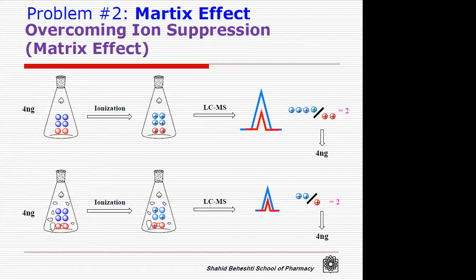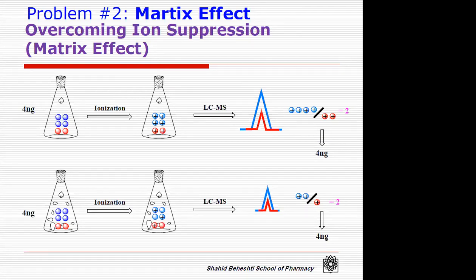Okay, here I have the same picture that I showed you as the ion suppression process that we had in the other slide. Let's say we have 4 nanograms of the natural phenylalanine, which is the blue dots here. And let's say I add 2 nanograms of the labeled phenylalanine, which is shown in red here.